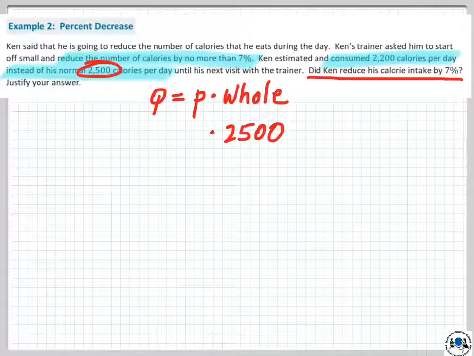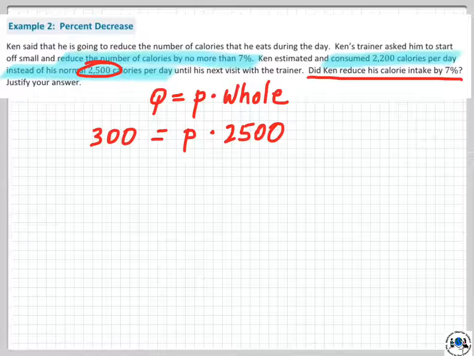So instead of his normal 2,500 calories, and again, that's going to be the whole because that's more or less the original. It was the normal amount, that 2,500, of course, multiplied by the percentage, which we are trying to work out here, and it has to equal 300.